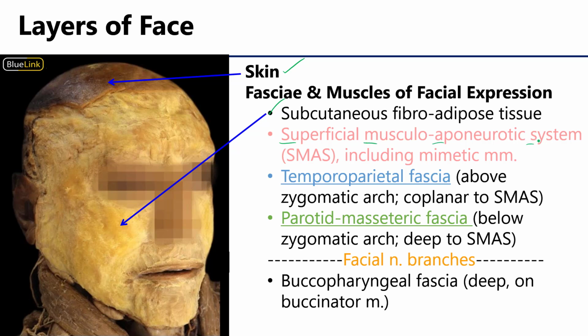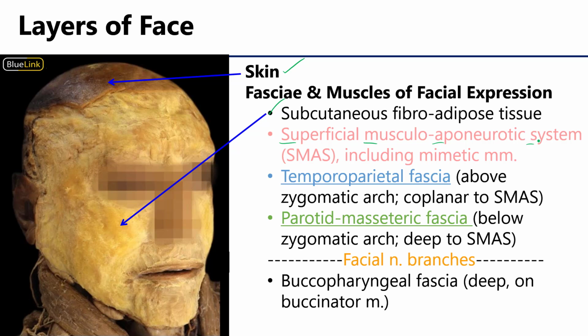And depending on the source or your perspective, this superficial musculo-aponeurotic system may be largely connective tissues with some muscle fibers that are coplanar to the muscles of facial expression, i.e. the mimetic muscles, or it could be the mimetic muscles along with their aponeuroses and connective tissues. Either way that you want to look at it, we can consider this all one layer.